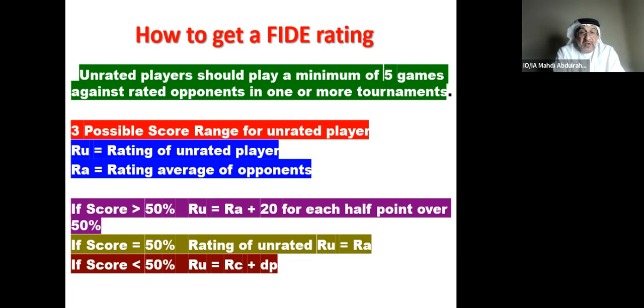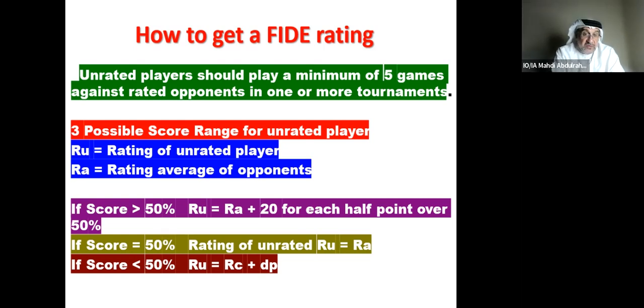This means if the average rating of the opponents was 2,000 and I scored 50%, meaning 2.5 out of 5 points, my new rating will be the same as the rating average.